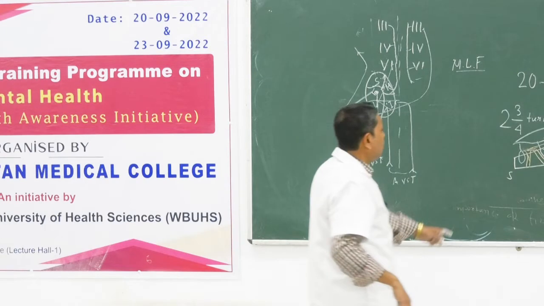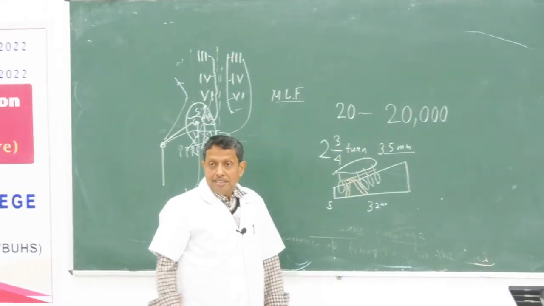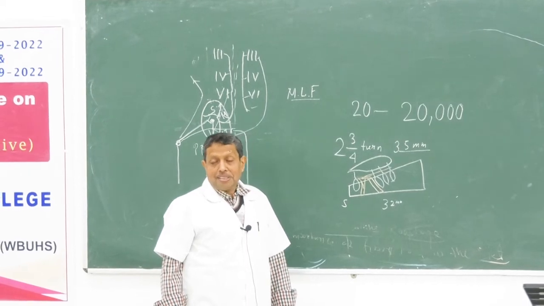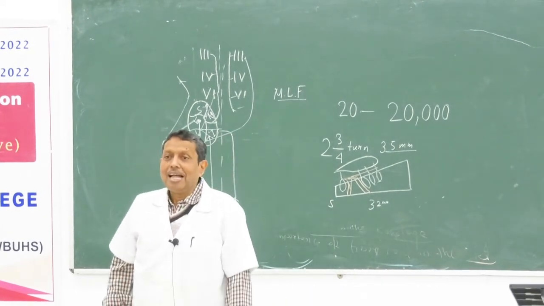Now there are these three scalae here: scala vestibuli, scala media, and scala tympani.